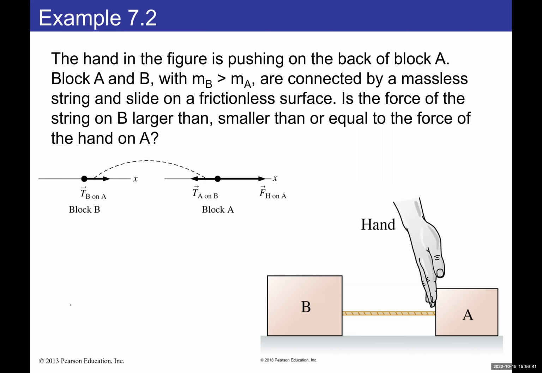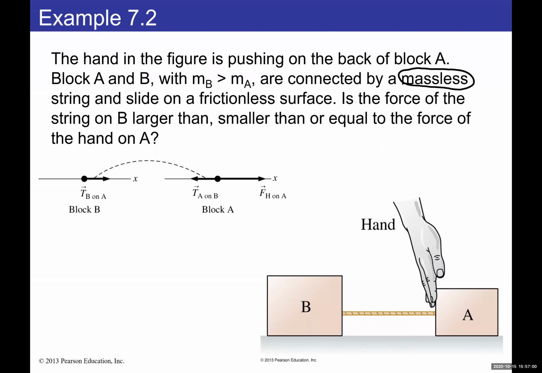Well, think like this. This is actually a little bit jumping ahead, but one of the things we're going to be learning in a little bit is that we will be assuming this is very important information: it's a massless string.